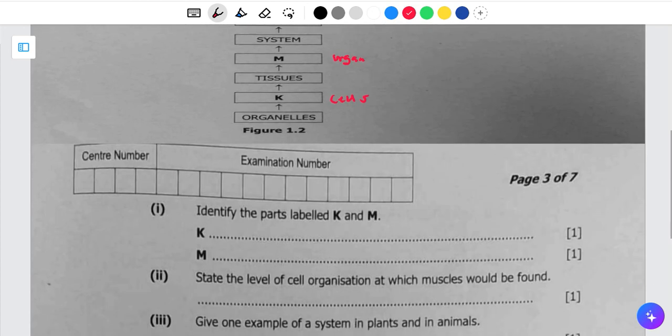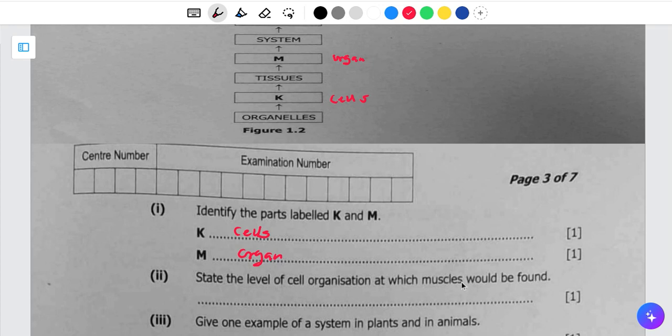So identify the parts labeled D, K and M. Part labeled K is the tissue, and part labeled M is called the organ, in terms of how they are arranged. Then state the level of cell organization at which muscles would be found.